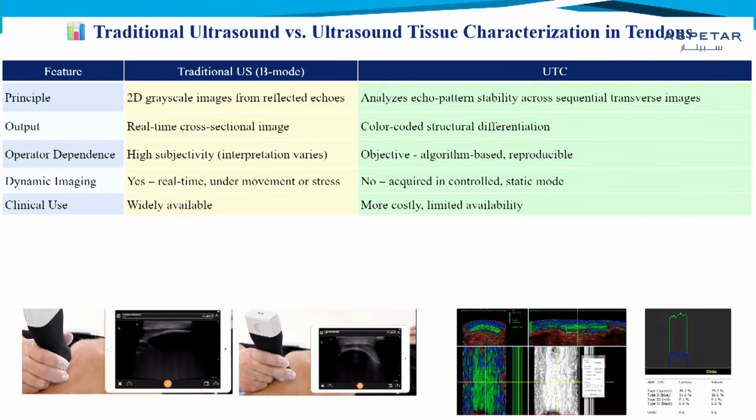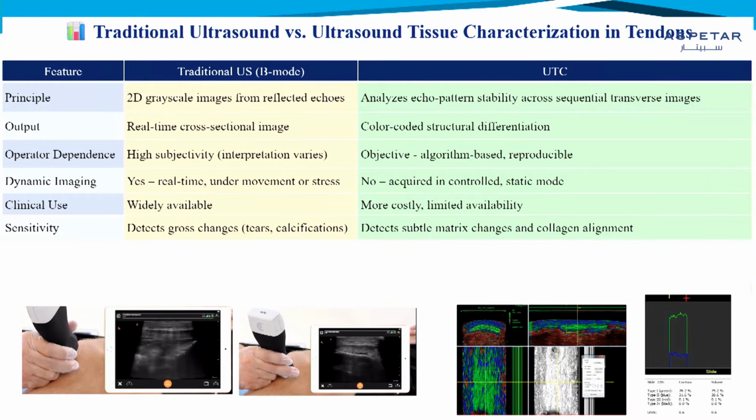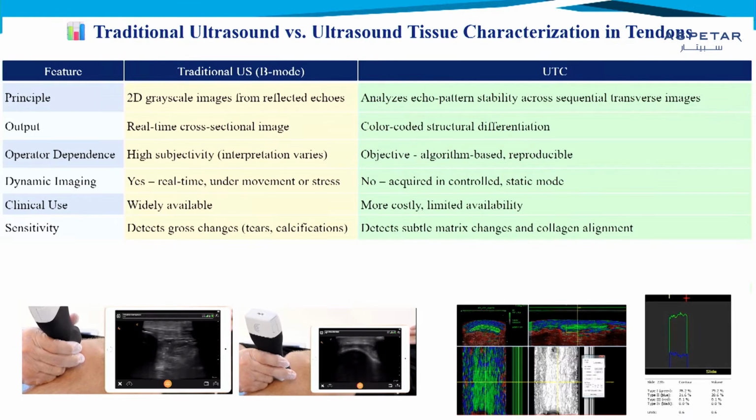For clinical use, the B-mode is widely usable because you have it everywhere, but the UTC is a bit more costly and has limited availability. In terms of sensitivity, the ultrasound detects tears and calcifications, it is more gross detection, while for the UTC you have more detailed information and you can see subtle changes in the collagen alignment.